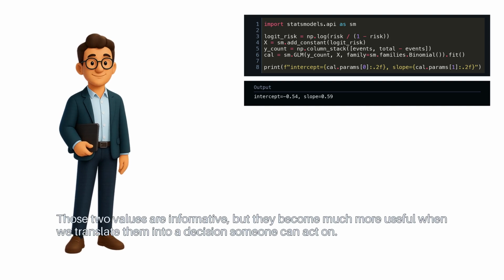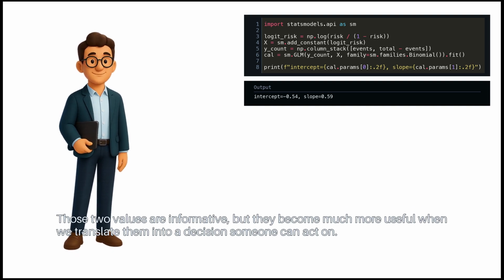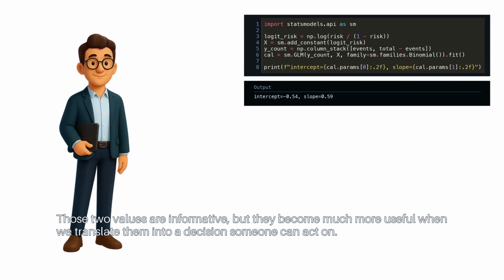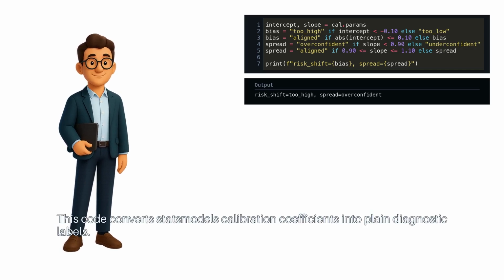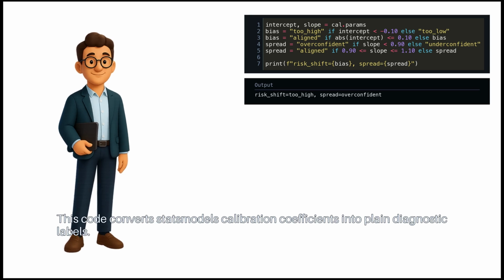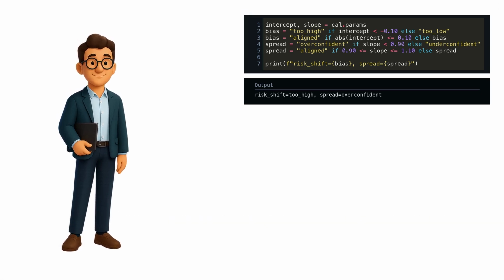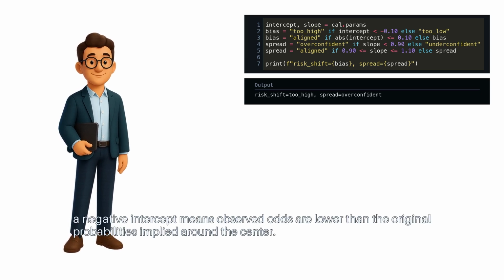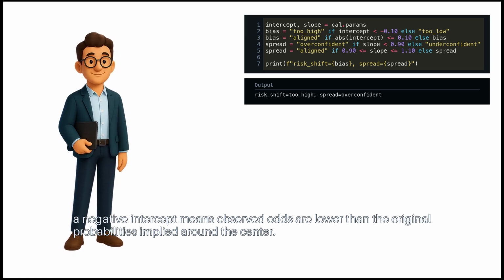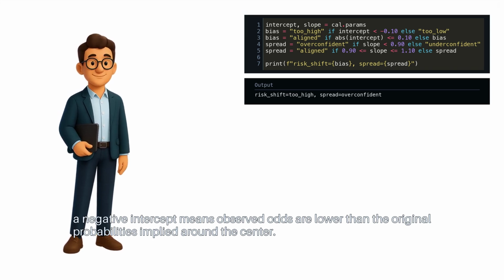Those two values are informative, but they become much more useful when we translate them into a decision someone can act on. This code converts statsmodels' calibration coefficients into plain diagnostic labels. The intercept check handles the global direction. A negative intercept means observed odds are lower than the original probabilities implied around the center.